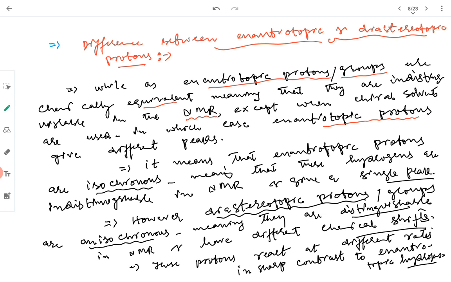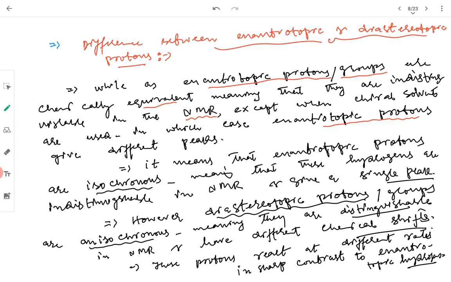See how we differentiate these enantiotopic and diastereotopic atoms. They are chemically equivalent, and any protons or groups which are chemically equivalent are indistinguishable. They give a single peak, not different peaks. But this is only the case when we use achiral solvents.